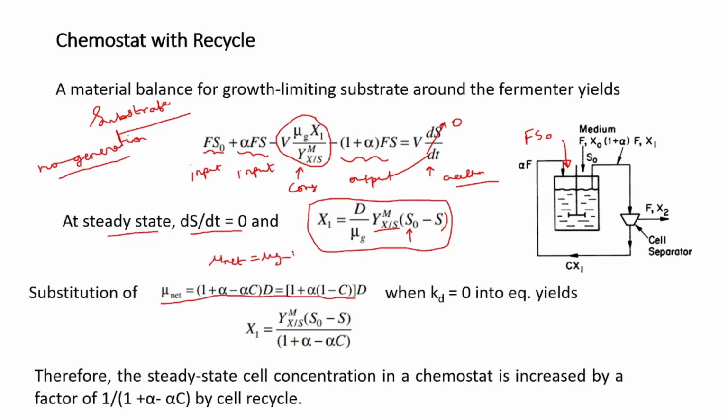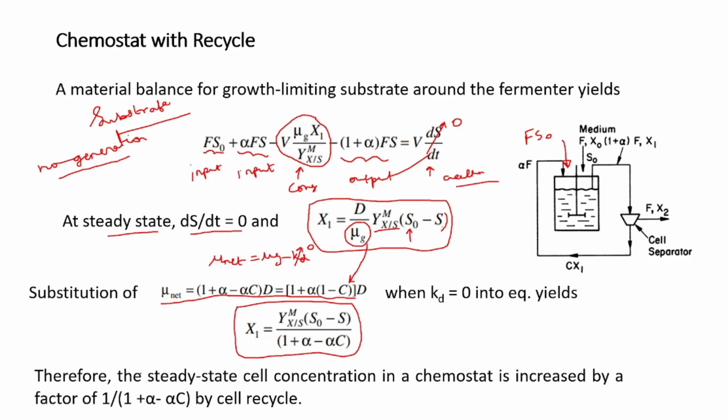So mu net becomes mu g, and in place of mu g we can substitute this expression. If we substitute this expression, we get x1 equals Y xs, S naught minus S, by 1 plus alpha minus alpha c. Therefore the steady state cell concentration in a chemostat is increased, this is very important, by a factor of 1 by 1 plus alpha minus alpha c in cell recycle.